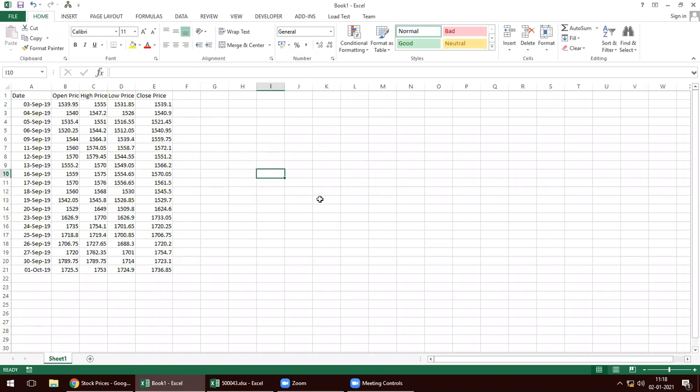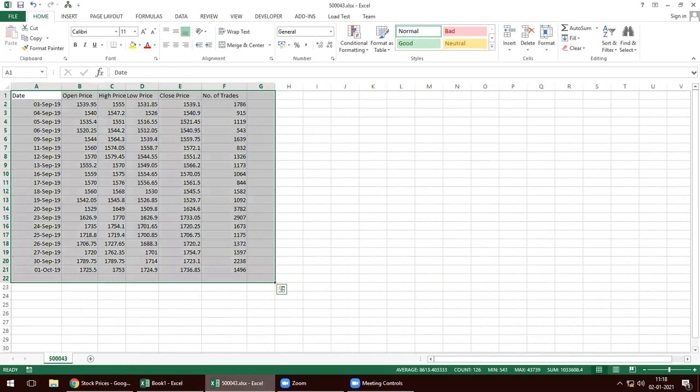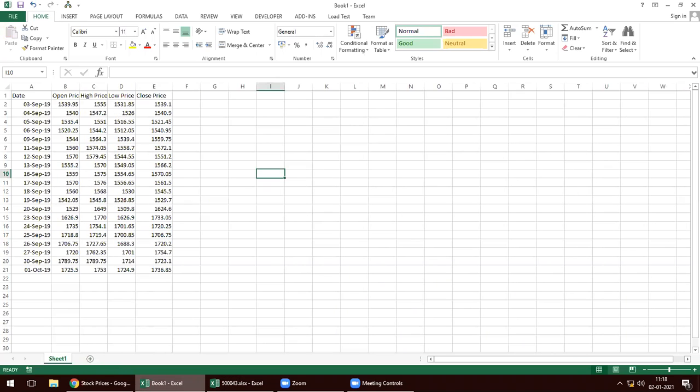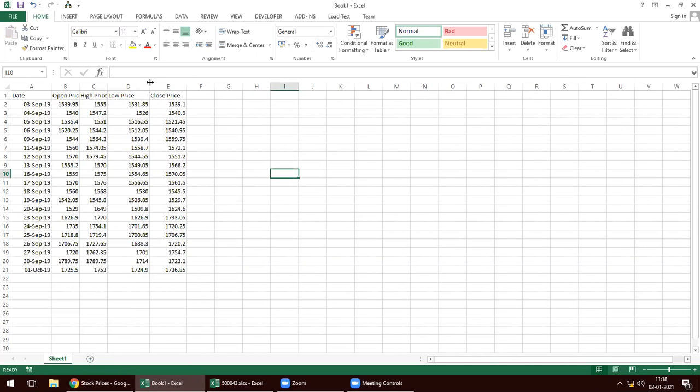This is a new Excel sheet, or you can add another sheet. Don't delete the last column in the original raw data file. We are having two Excel files. This is the raw data file. In the raw data file, number of trades is also there. We are creating a new Excel sheet. In that one, I have deleted the volume of trades.